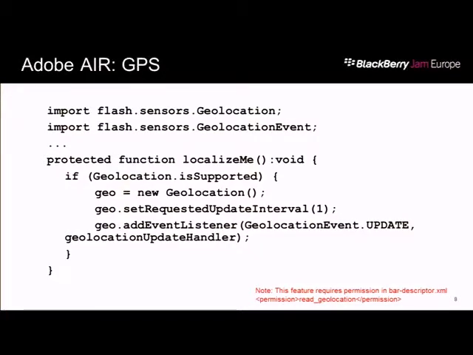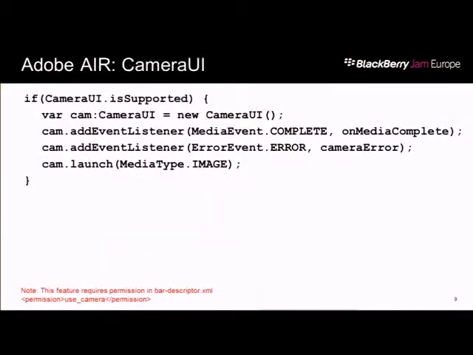And with this simple code, we can read the location of the user and start tracking. We can register to updates and then listen in a listener for the update events. And when there is an update, we can access the position.